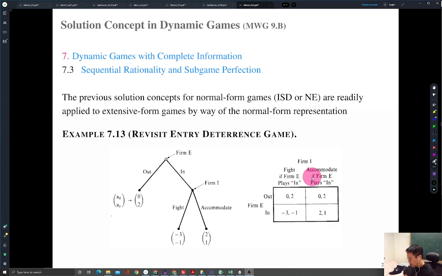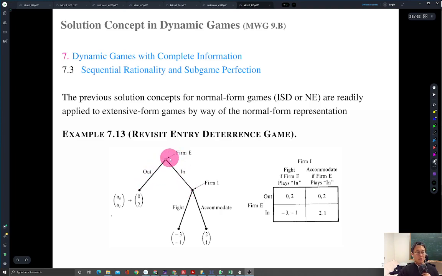And in this video, we are going to study how to make a prediction in a dynamic game. Okay? So to illustrate the basic idea, let's go back to this entry deterrence game between two players, one entrant and one incumbent. In this game, the entrant moves first, choosing between staying out and entering the market.